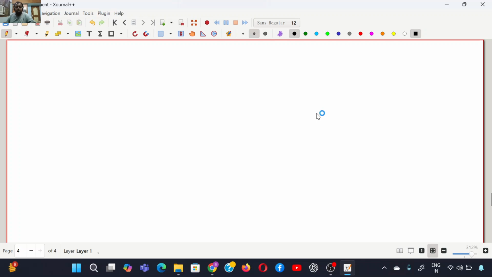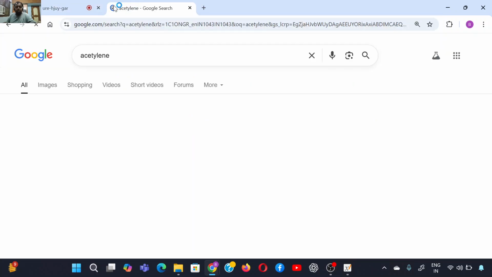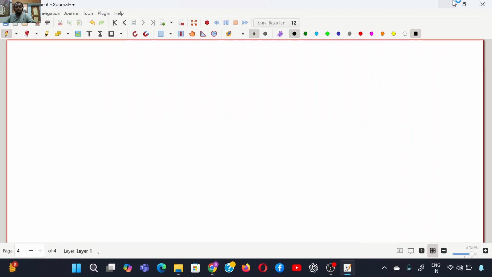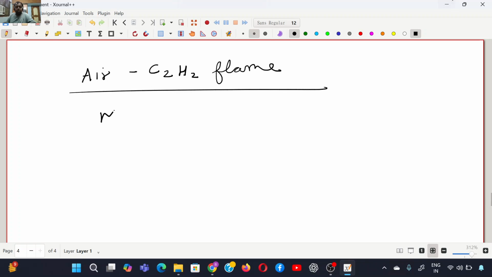Just write this in notes. Acetylene is C2H2. So the air C2H2 flame is most common in AAS.